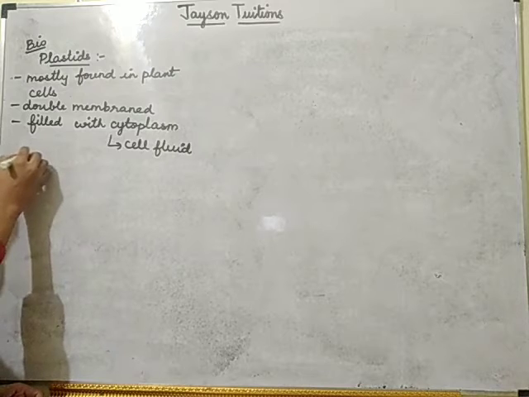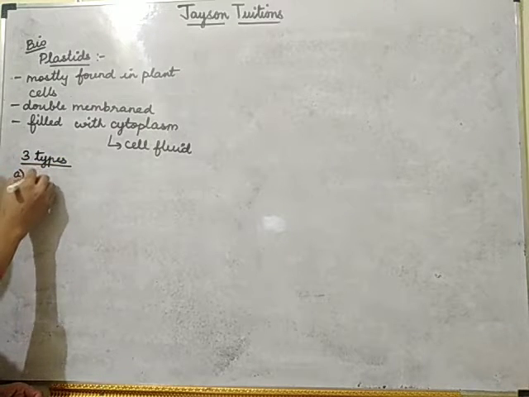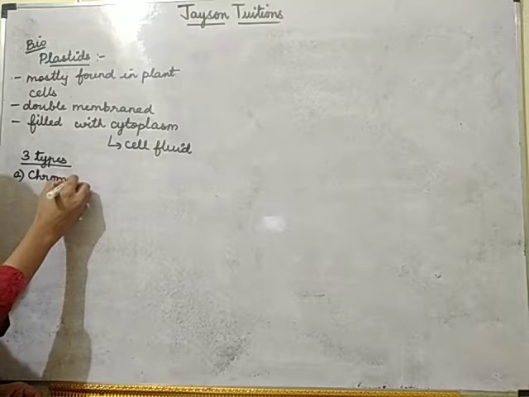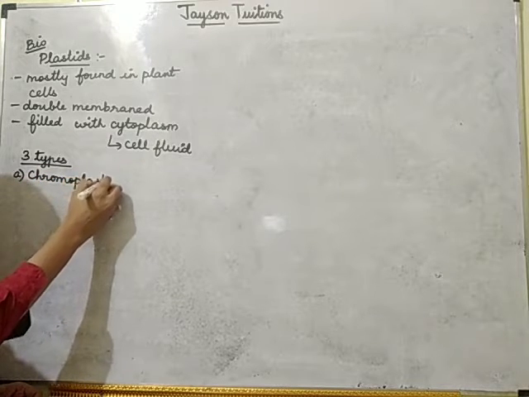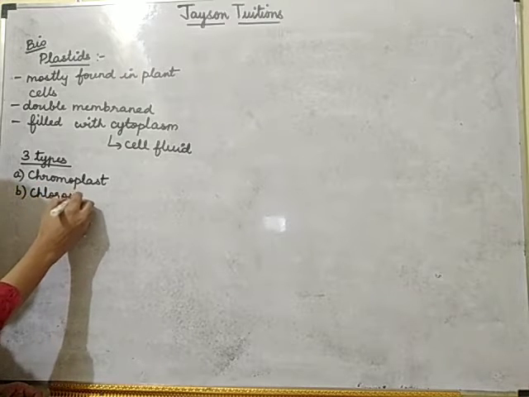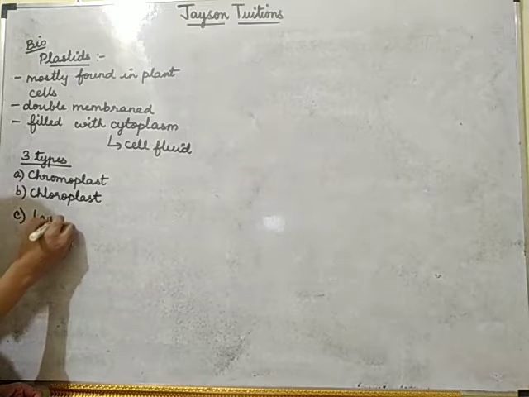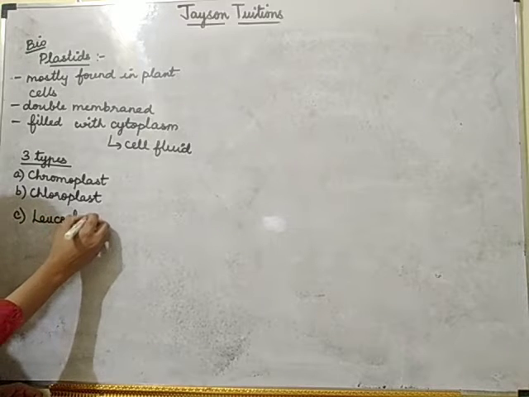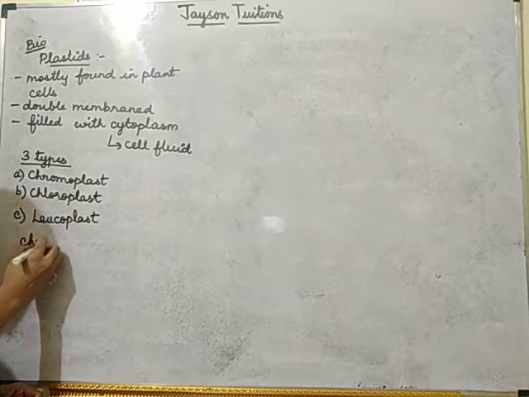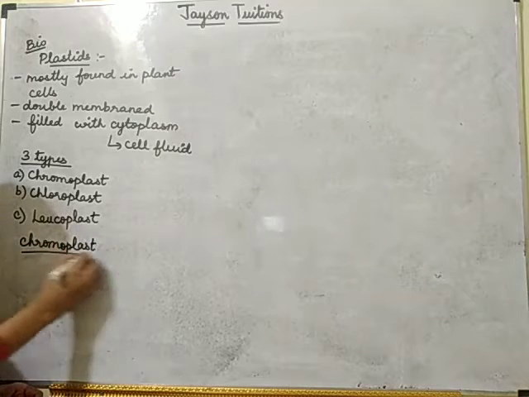These plastids are of three types. One is chromoplast, next one is chloroplast, and the third one is leucoplast. First, let us see what is chromoplast.